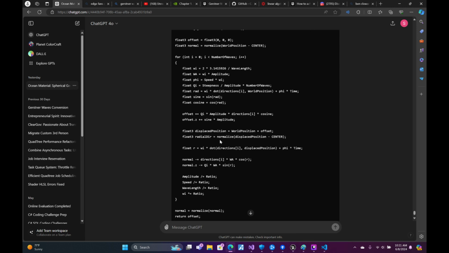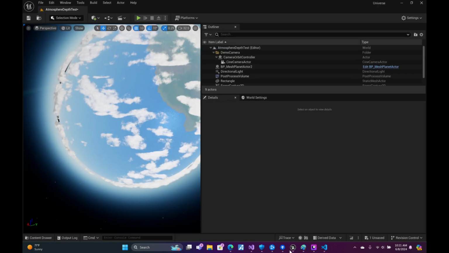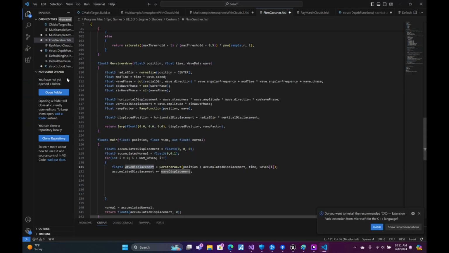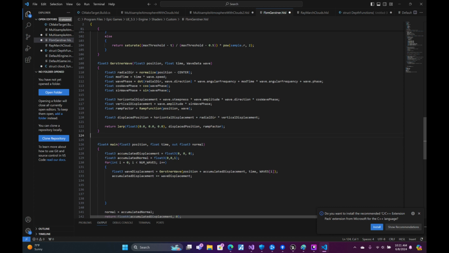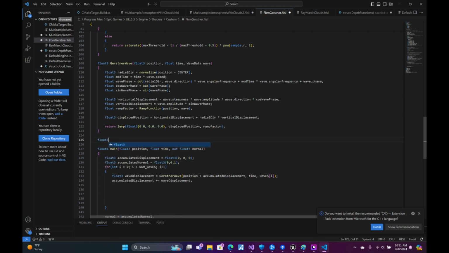Alright, so let's just start implementing the things we need. So WI is equal to 2. Let's actually make another function here. Gerstner wave. Vec3. Gerstner.